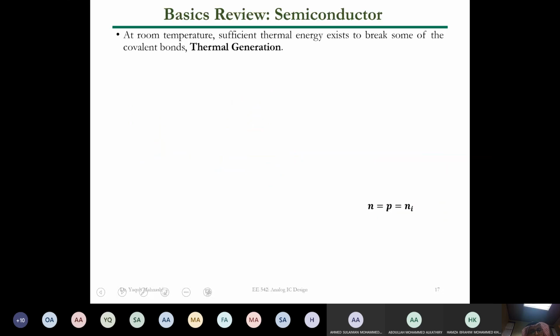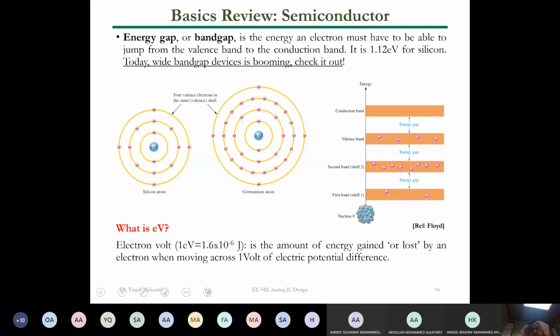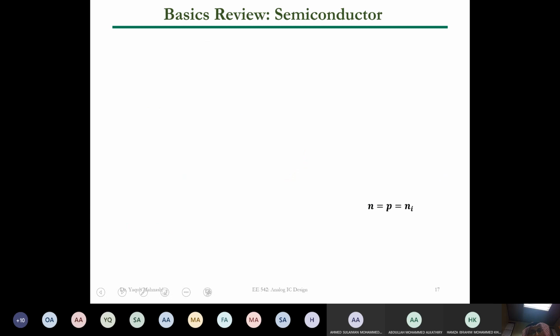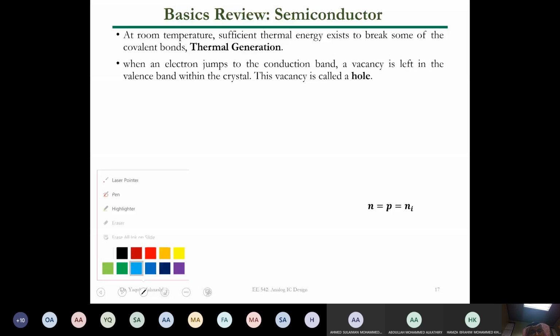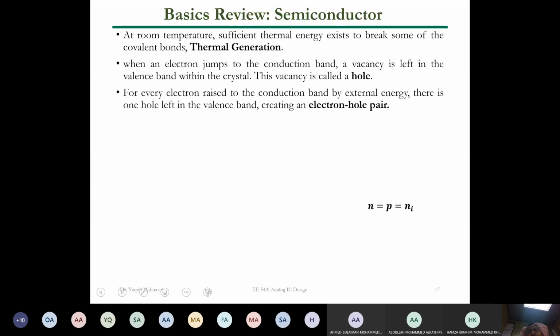And from this slide we also have what we call a valence band and a conduction band, and we need our electron to go to the conduction band to conduct, or to have a current flow. Of course, we'll continue with the thermal generation. What is the difference between the equilibrium and the thermal generation? Because equilibrium means the electrons in the atoms do not move.